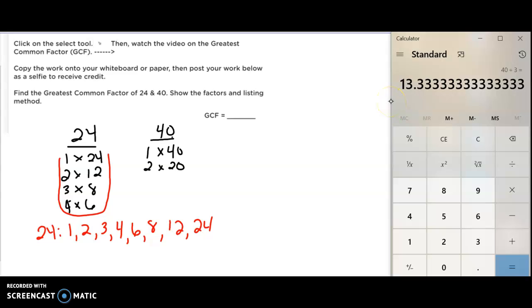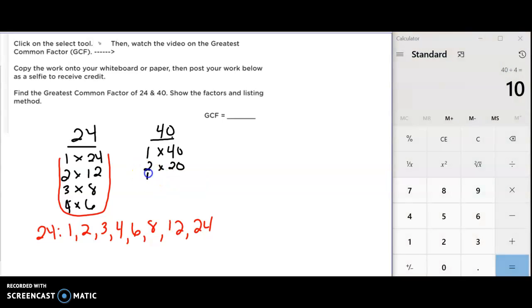Nope, that is not divisible. There is a decimal, so can't do 3. What about 4? Clear it out. 40 divided by 4 equals 10. That's right. 4 times 10. Well, what about 5? You should know 5 because 40 divided by 5 gives me 8.